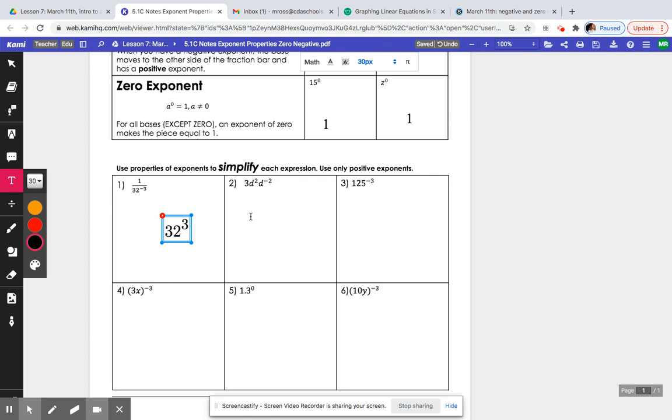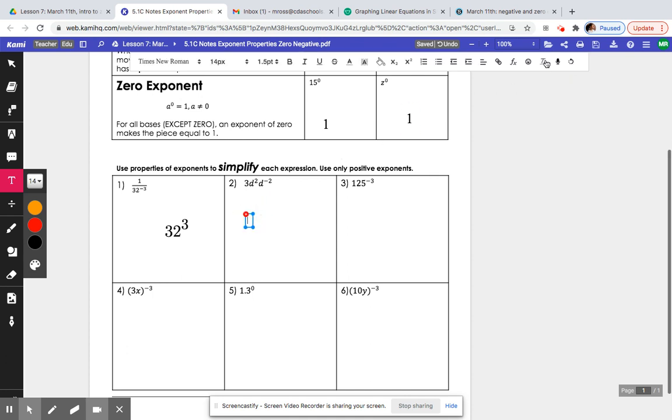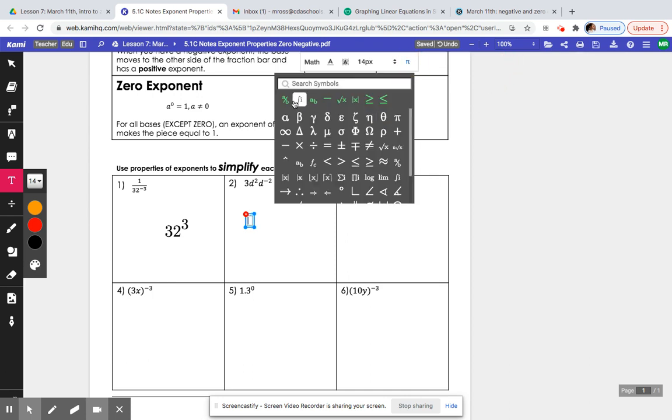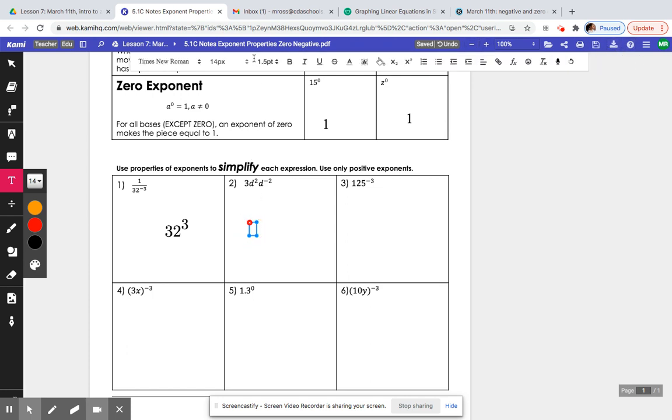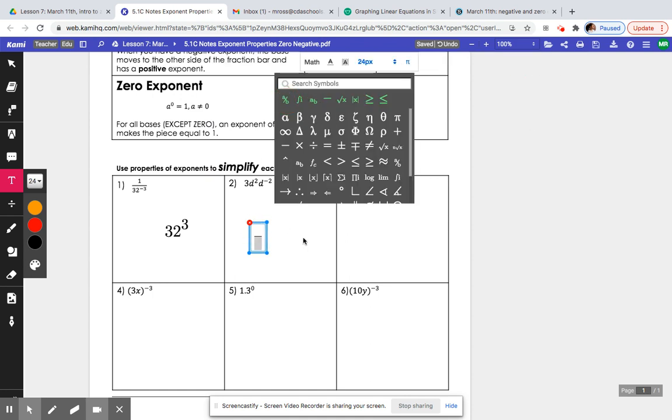Again, we can go down here and do the same thing: 3 times d to the second times d to the negative second. Let's go through our process slowly. First, let's get rid of that negative.